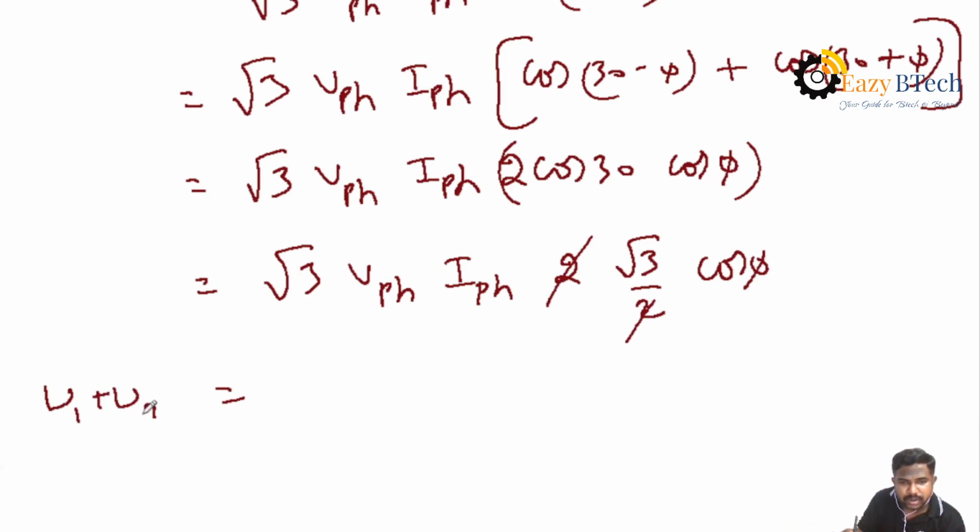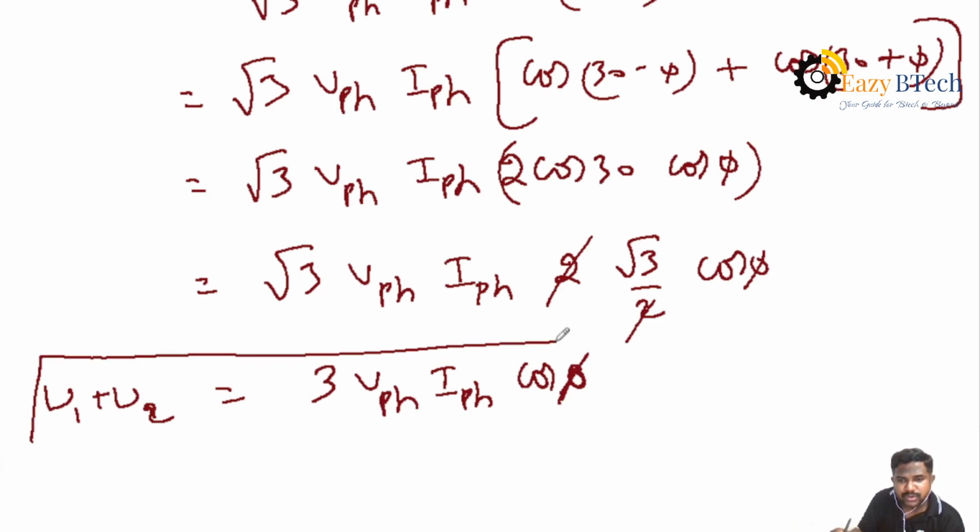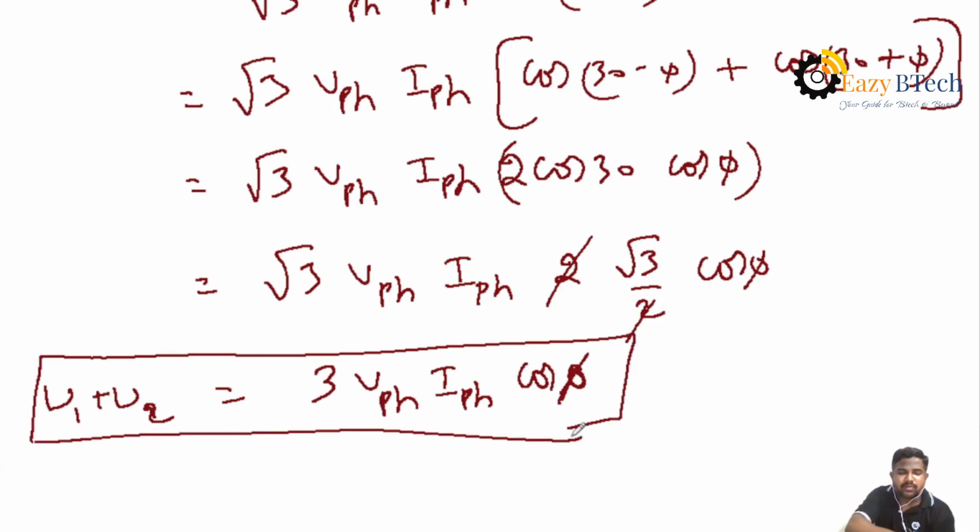Then the total power we will get here is 3 VPH IPH cos 5. So the total power by the two wattmeter method is the addition of the readings of the two meters.